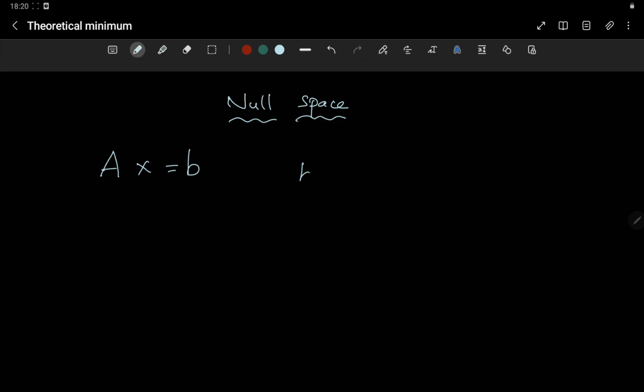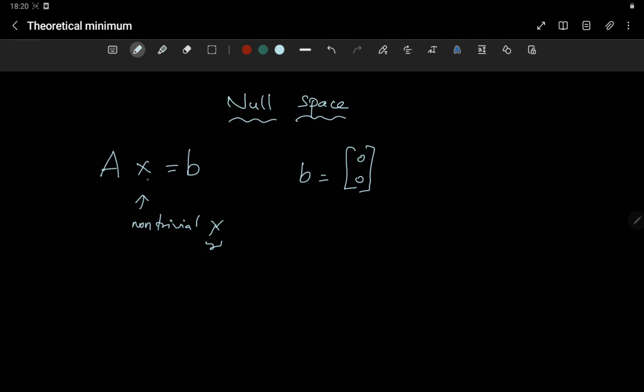Say if b is 0 0, and for some non-trivial x, then we call that x a vector belonging to this null space.